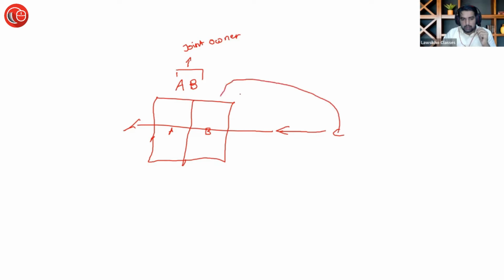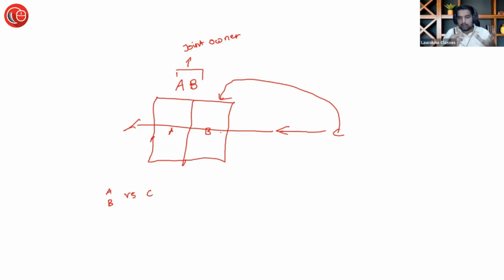Now here A and B together will file a suit against C because both of them have been kicked out by an act which is of same transaction. एक ही act है. दूसरी चीज, there is a common question of law which has to be determined.